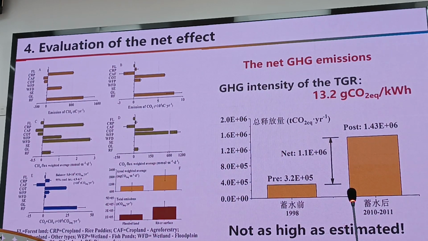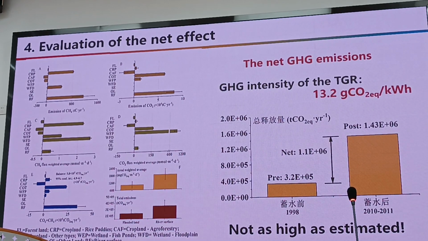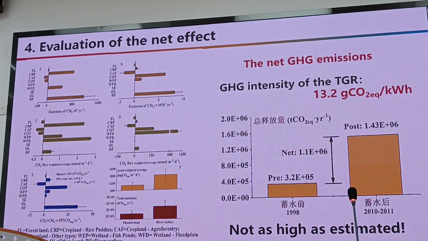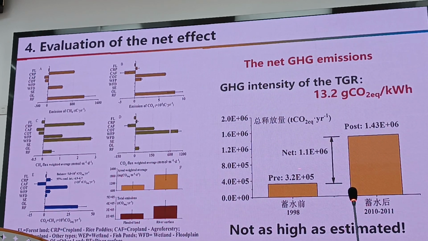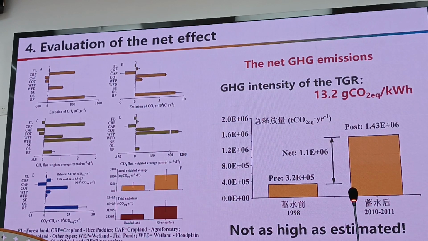And after that, we can find that the pre-impoundment emission is around 320,000 tons carbon dioxide equivalent per year. And if you think about the post-impoundment, the net is around 100,000 tons carbon dioxide equivalent per year. So it's not as high as estimated.